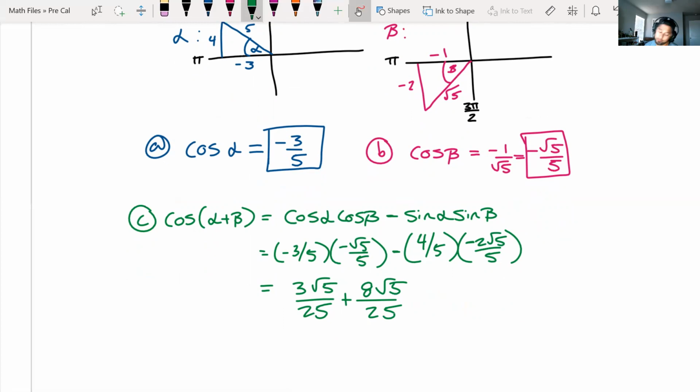Now they have the same denominator and the same radical, so you can add the coefficients in front. What's my final answer? 11 square root 5 over 25. Good. Yeah, so gross. Okay. That's how that works.